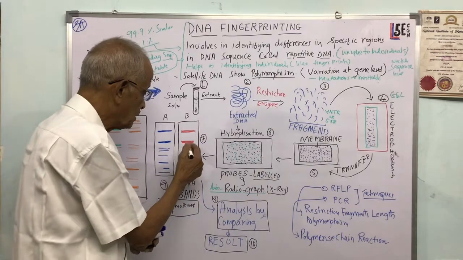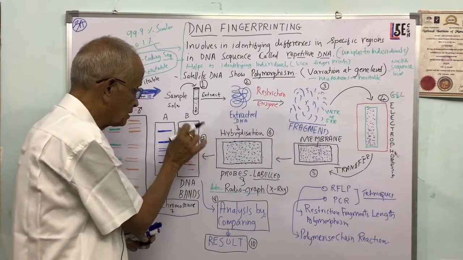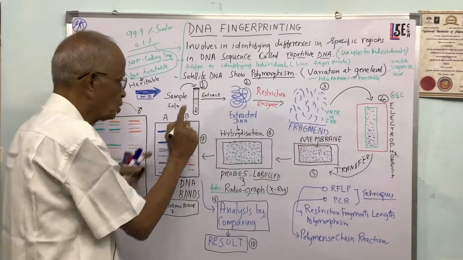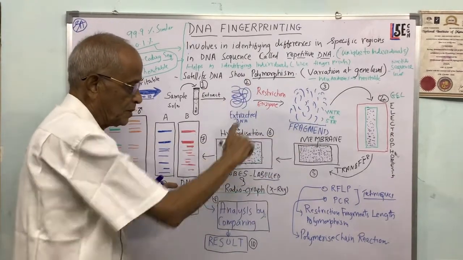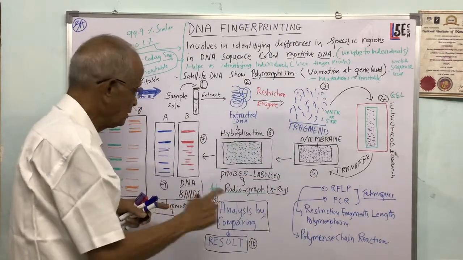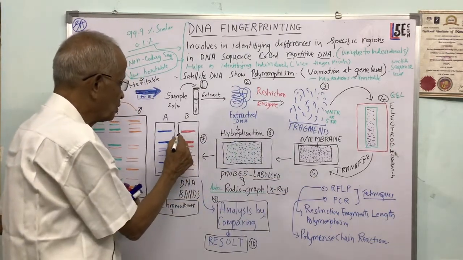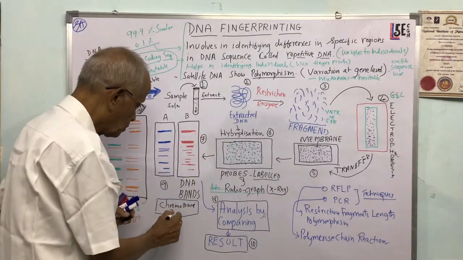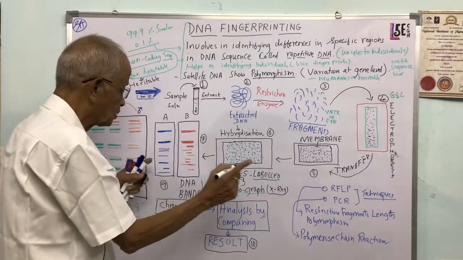And when you look at the bands or the small impressions, here we have taken two individuals' DNA. The same cycle has been done, and you see in the red case, let's say chromosome 7 has been analyzed in both persons.